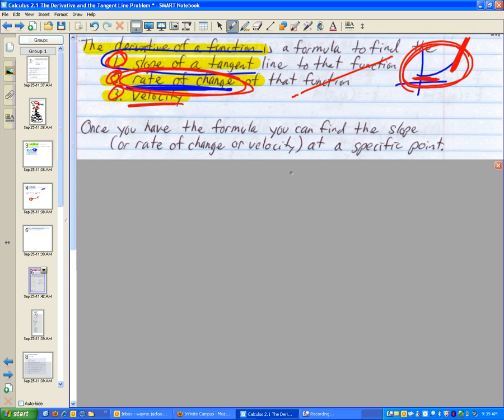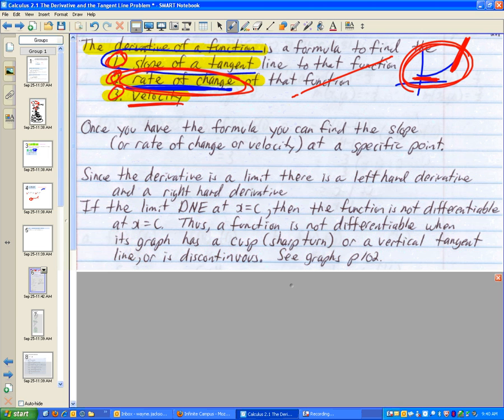So we would want to find it at a lot of different places. So that's why the definition of derivative is really more useful than that alternative form. The alternative form is fine if you only need to know the rate of change at one particular place. But otherwise, you would like to do the definition of derivative and find it wherever you want, as many times as you want.